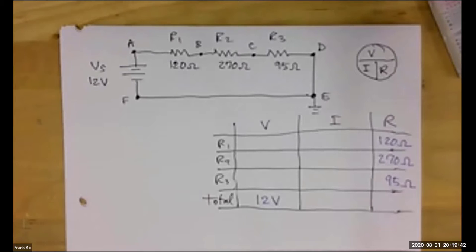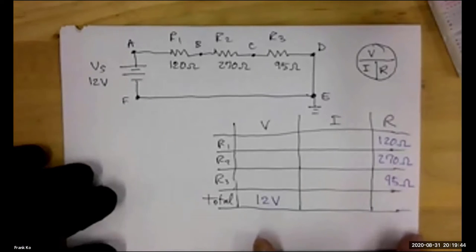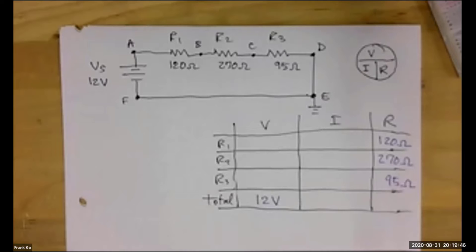All right. Now, what would be the very next thing that we would do to start filling in some of the rest of this? Isaac, you're up. No idea. Okay. Yusuf, what would be the thing that you would do? Total resistance? Total resistance.